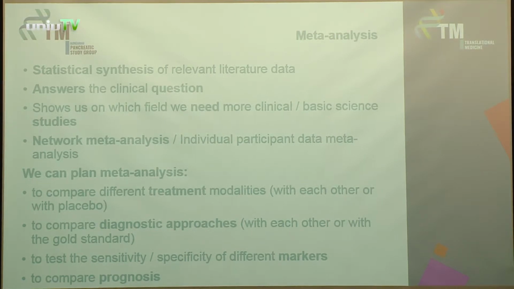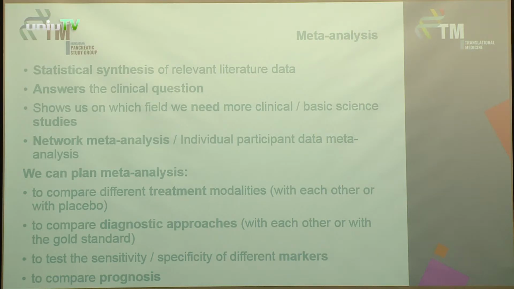There are two special types of meta-analysis, the so-called network meta-analysis, about which we heard a very nice presentation from Noemi, and the so-called individual patient data meta-analysis. We can plan a meta-analysis to compare different treatment modalities, to compare diagnostic approaches, to test the sensitivity or specificity of different markers, and to compare prognosis.